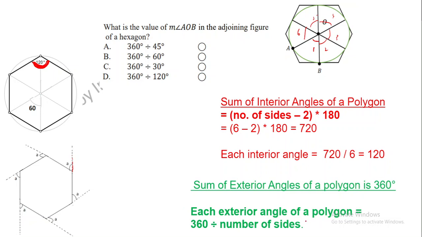So each exterior angle of a polygon is 360 degree total divided by the number of sides. Maybe 3 sides for triangle, 4 sides for quadrilateral, 5 sides, and 6 sides for hexagon, and so on. So this is the way you can find out the value of each exterior angle and each interior angle. This is very important information for you, because next time maybe he will change this question in some other way.